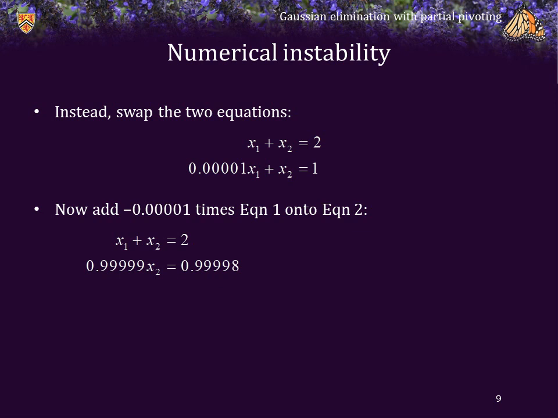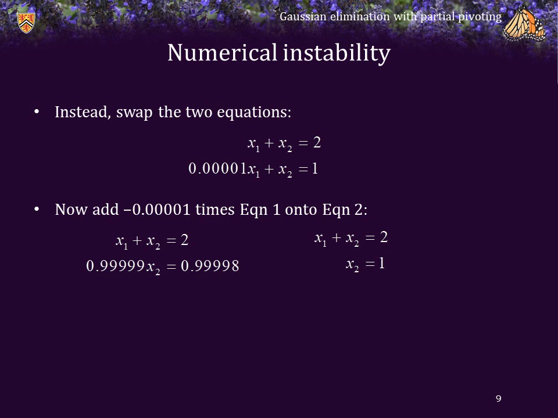Well, once again, the coefficients 0.99999 and 0.999998 both require more than 4 significant digits to store precisely. If we can only store these to 4 significant digits, well, the best we can store it is as x2 is equal to 1.